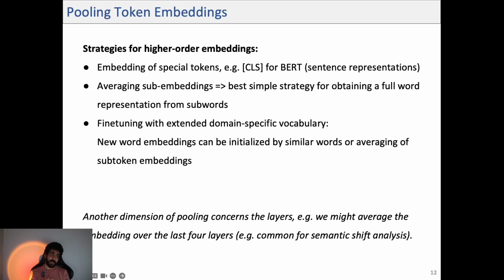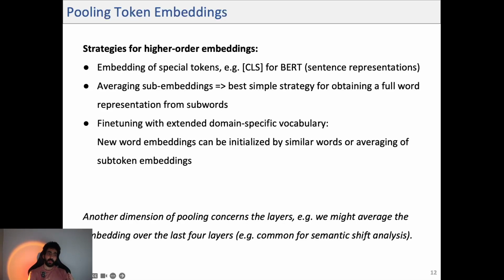If you're working in a specific domain like medicine or law, you might need to add new words, and in that case, you can either initialize them based on similar known words or again average the subword embeddings. Pooling does not just happen across tokens. It can also happen across layers.